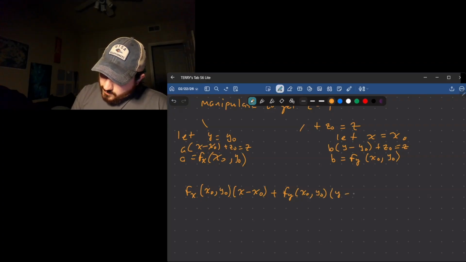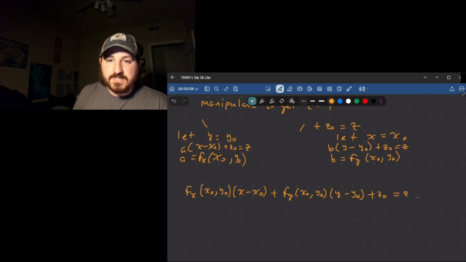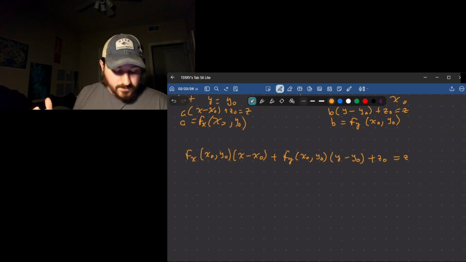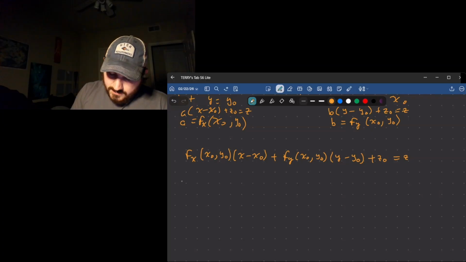And we're going to multiply that by y minus y sub 0. Then we're going to add our z sub 0, and all of that is going to be equal to z, which is kind of what we want. We're using z as our tangent plane. Okay. So now what we can do is we can actually go through and push through a couple of these. That is our formula we're going to be going for here.